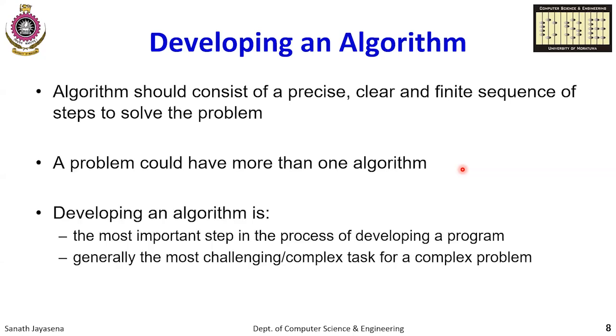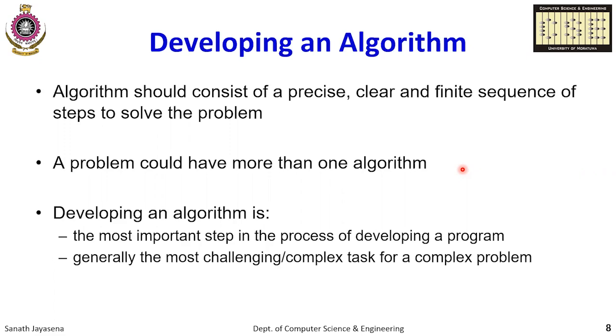And developing an algorithm is the most important step in the process of developing a program. Why do we say that? That is because generally developing an algorithm is the most challenging or complex task when you want to develop a program for a complex problem.